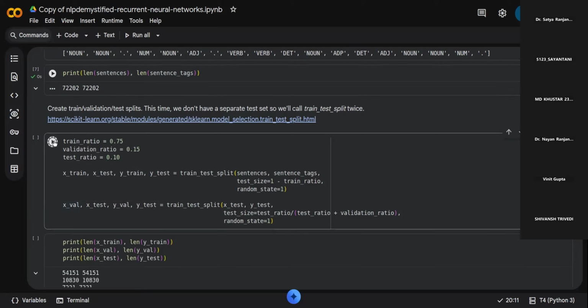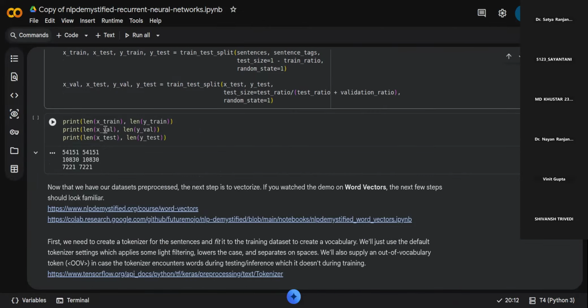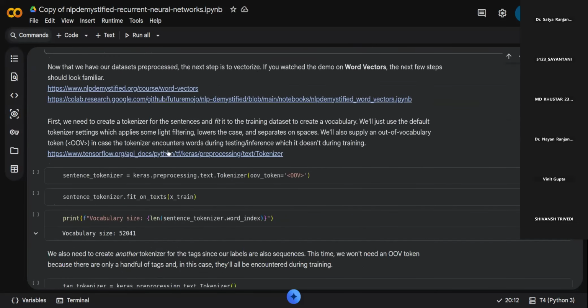Okay, so just run it. Now you have three sets: X train, Y train, X val, Y val, and X test, Y test. The whole data set is converted into three sets. The training set contains 54,000 sentences and their corresponding tags, the validation set contains 10,000 and their tags, and the test set contains 7,000 and their tags. Okay, you have these three.